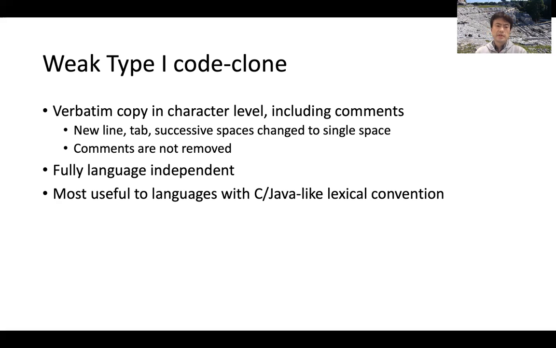So our weak type 1 code clone is defined in a fully language-independent way. Its normalization method is most useful for languages with C or Java-like lexical conventions, because in C or Java you can change the location of new lines without changing the code's meaning.